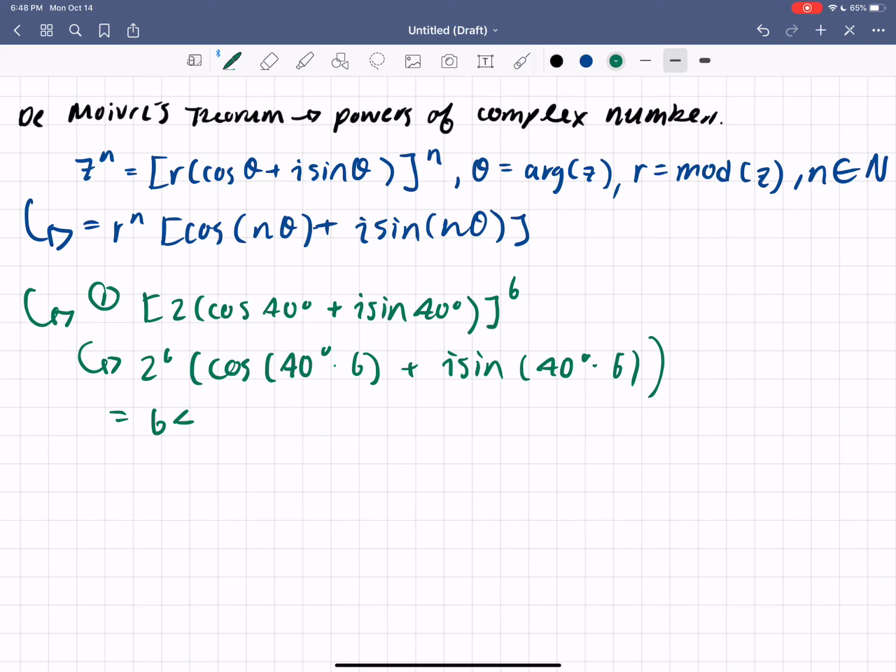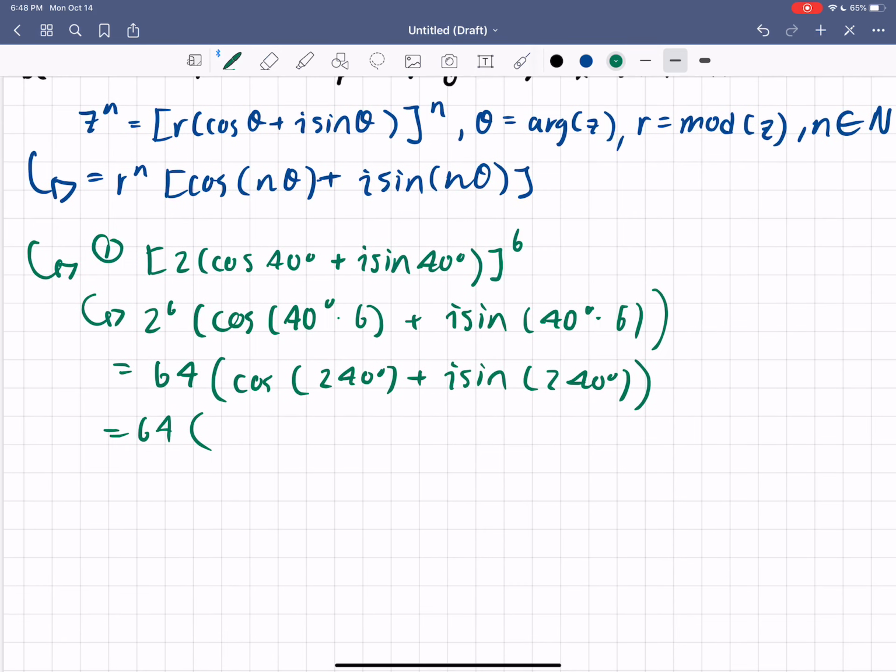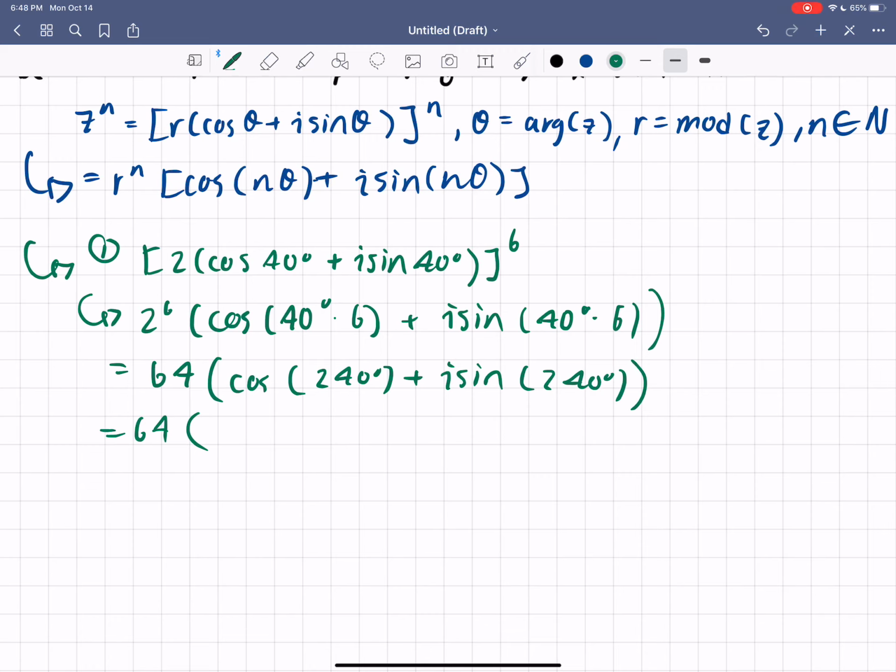2 to the 6 is 64. Cos, this becomes 240 degrees, and then we add i sine of 240 degrees. After that, we just simplify. So recall your trigonometric circle. Cos 240 is the same as saying cos 60 in quadrant 3, right?